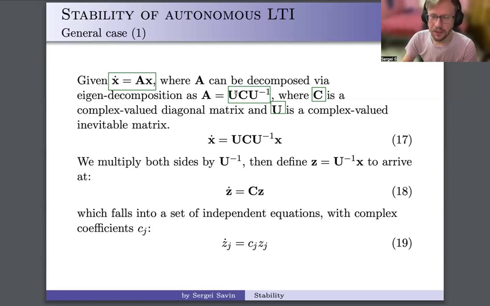So we have the C matrix here, which is a diagonal matrix, but with complex values on the diagonal. And U is an eigenbasis, but also complex valued.